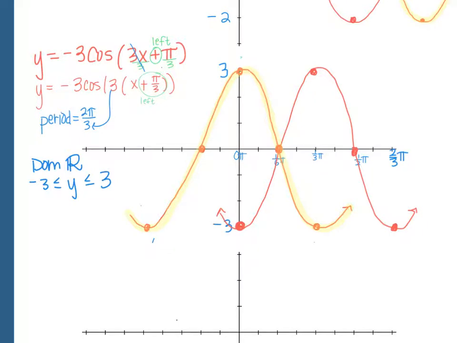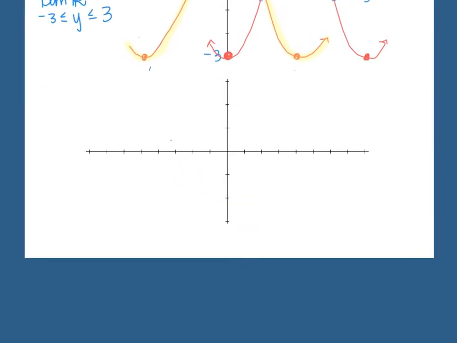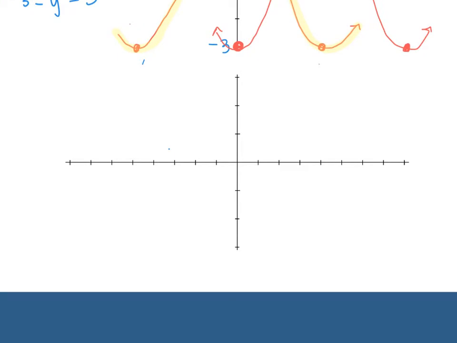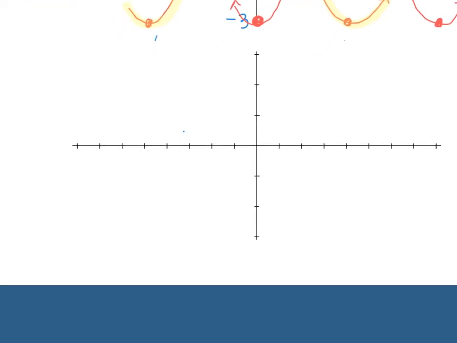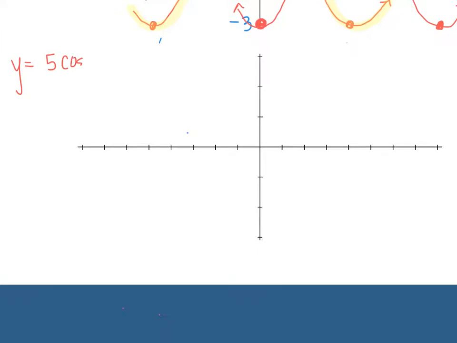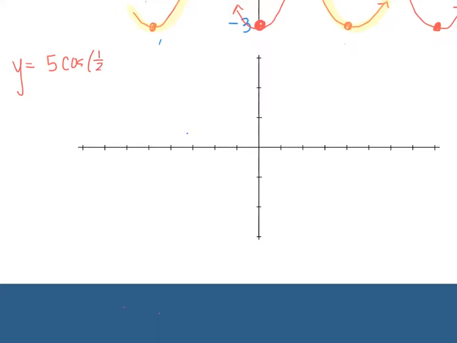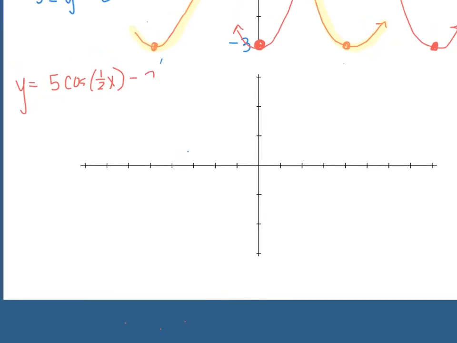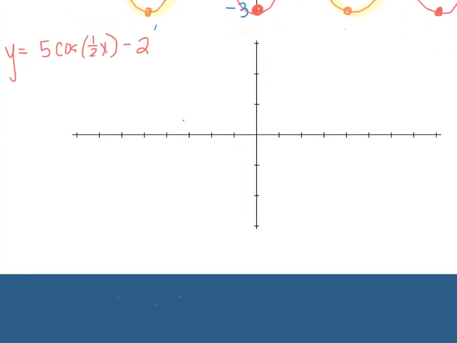All right, so let's talk about up and down. Moving this up or down, let's do y equals 5 cosine half x and the parenthesis -2.